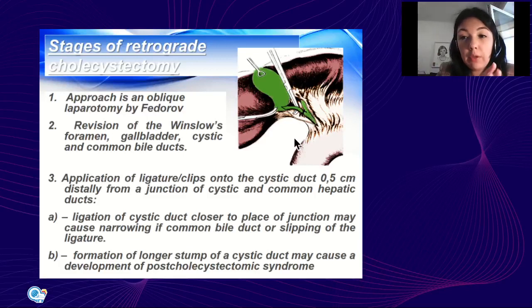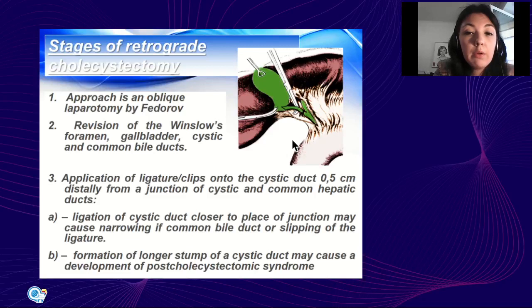To find the cystic duct, we certainly should dissect the anterior layer of the hepatoduodenal ligament. We remember that the common bile duct occupies the most lateral position. So we find the common bile duct and move superiorly until we find the cystic duct that arises from the common bile duct. And when we find it, we apply the first ligature.